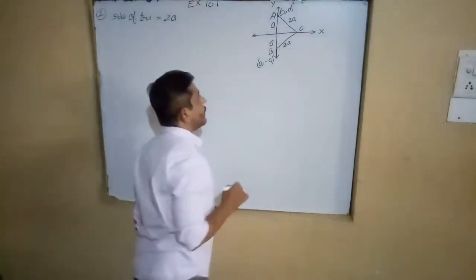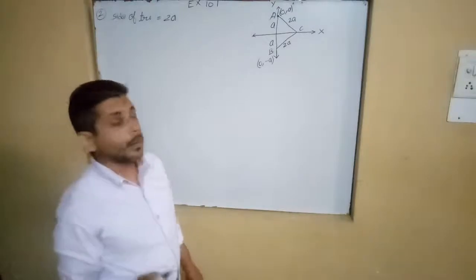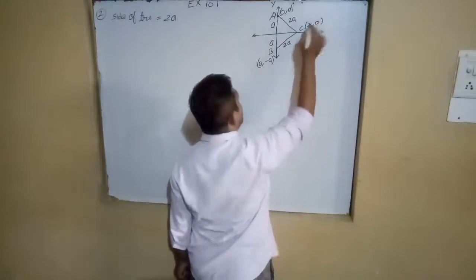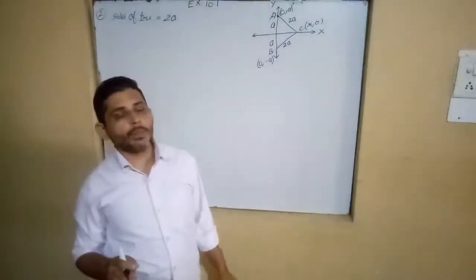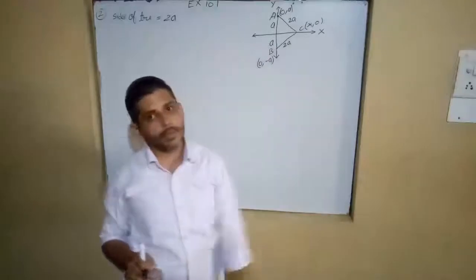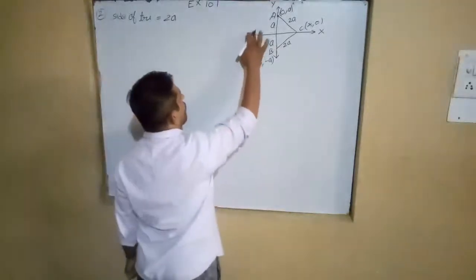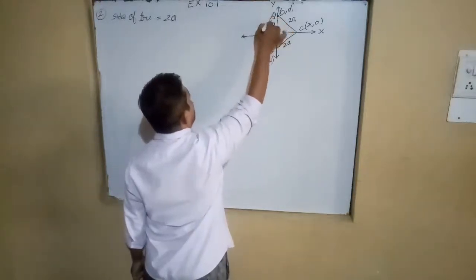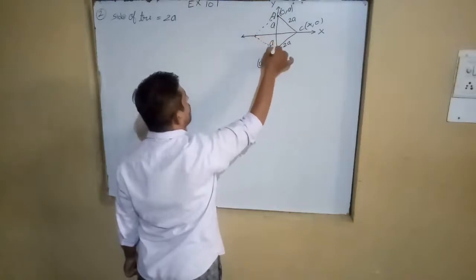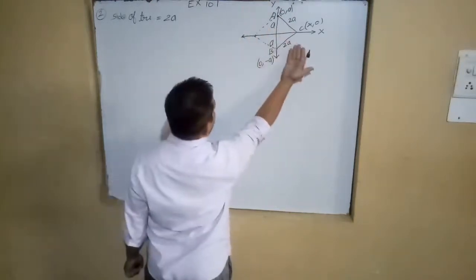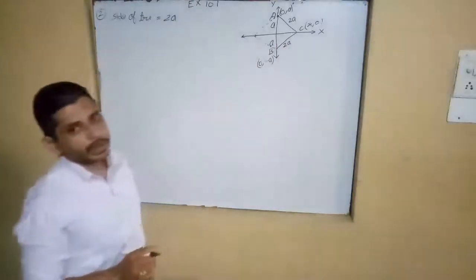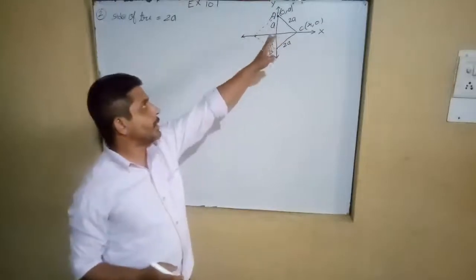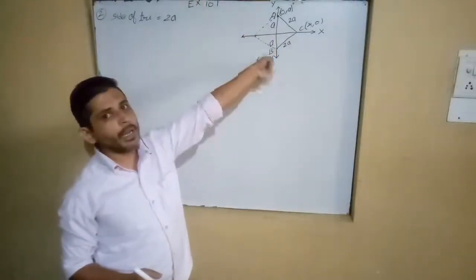Now for point C, we don't know its coordinates, so we let the coordinates be x comma 0. Here the y coordinate will be 0 because point C lies on the x-axis. Now one more possibility is created here. The triangle can also be situated on the other side, the same triangle will come. So these are all the possibilities of the triangle that lies on the y-axis.